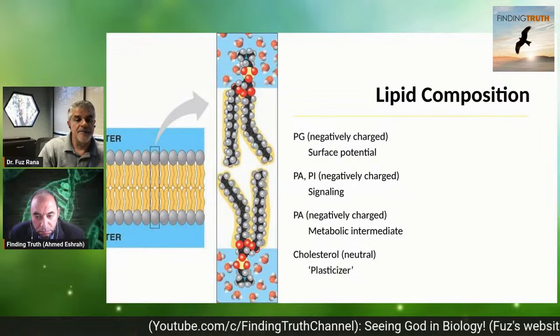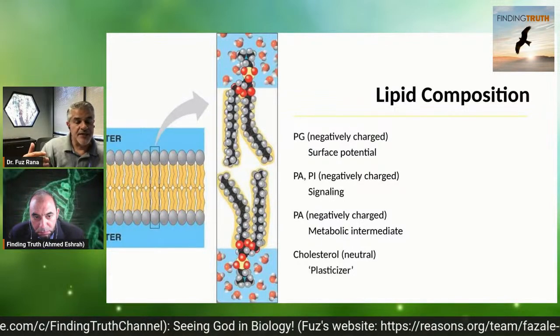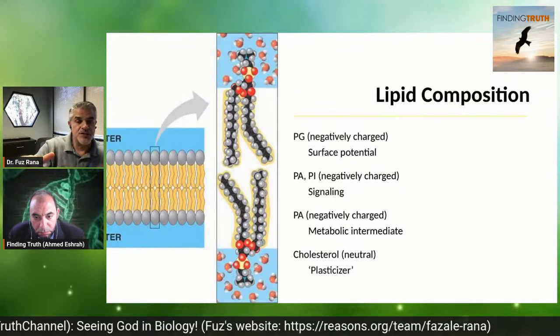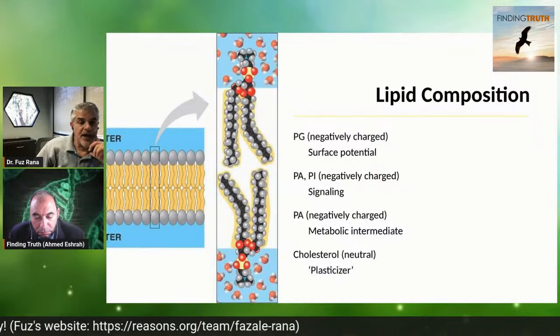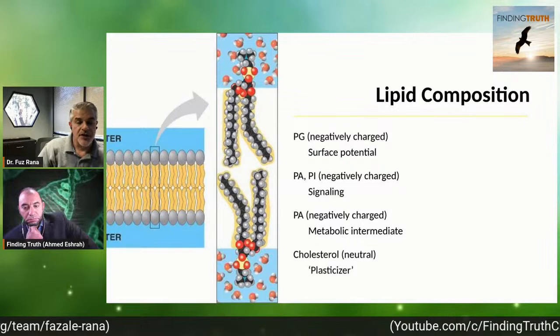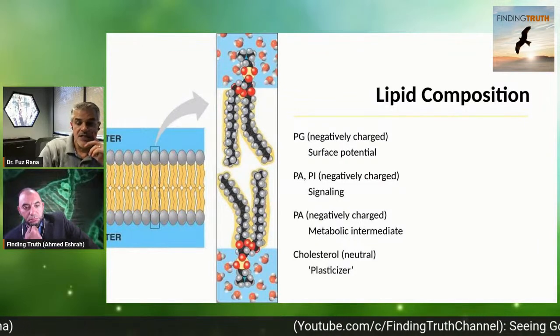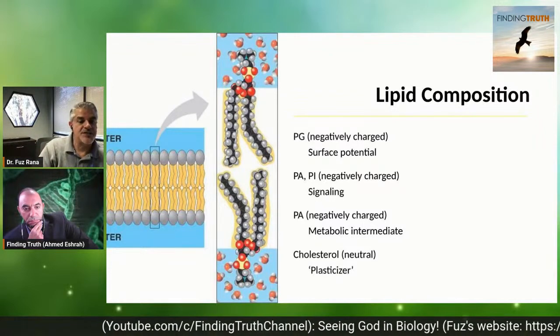Some phospholipids are going to be responsible for establishing the surface potential of the bilayer. Others are going to serve as metabolic intermediates. And so there's a rationale for the complexity that we see.